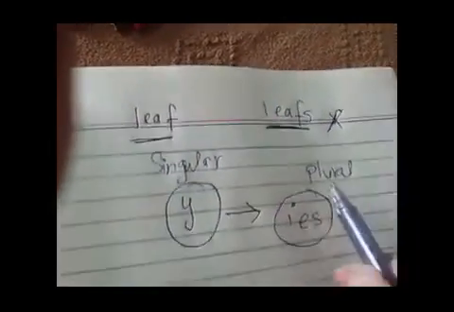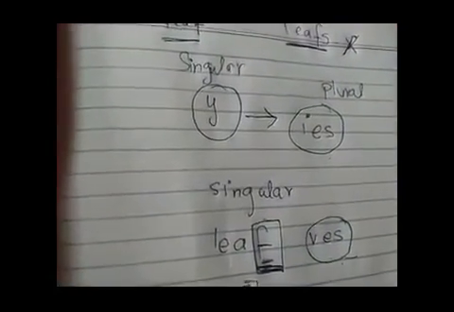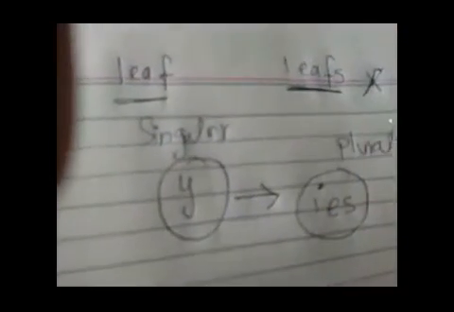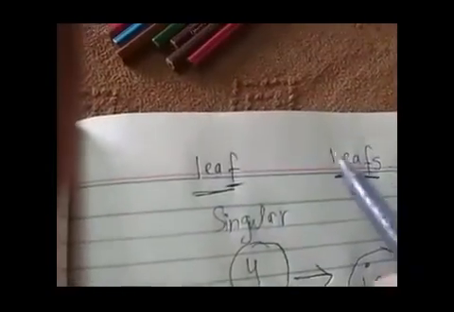So you need to know all these small rules that are there to make it easy for you. So leaf would not become leafs, but if a word ends with F in the singular, then you need to replace it with VES: leaves.